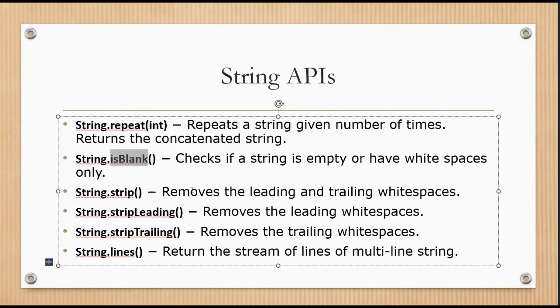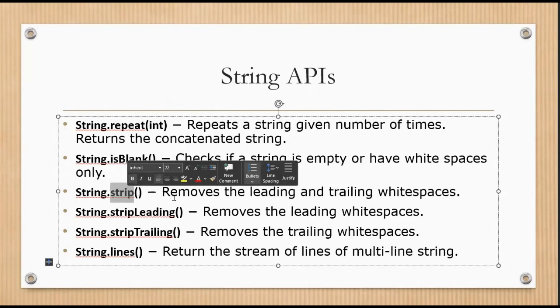And isBlank, as we know, we used to check whether a string is empty or just within empty double quotes. Now this is simplified. You can just use isBlank, which returns a boolean whether it's blank or not. And strip is basically a trim kind of function.